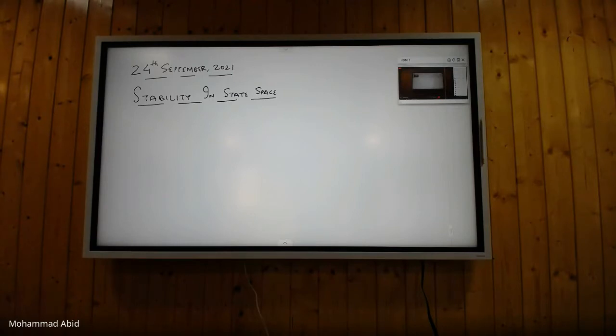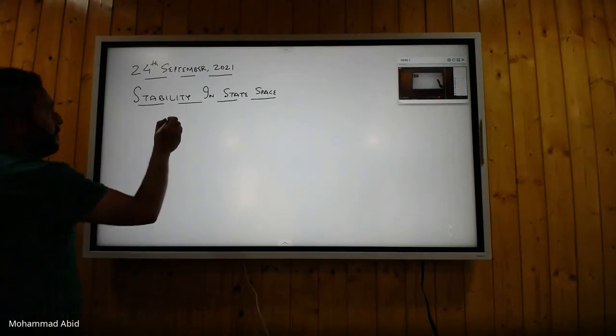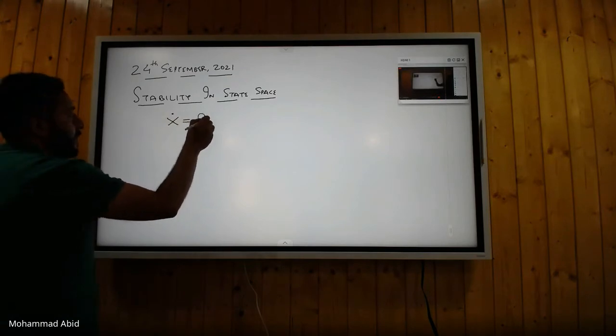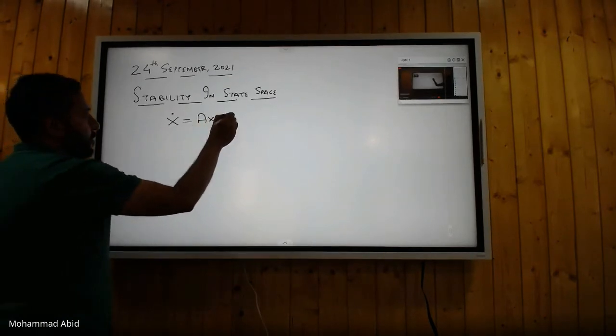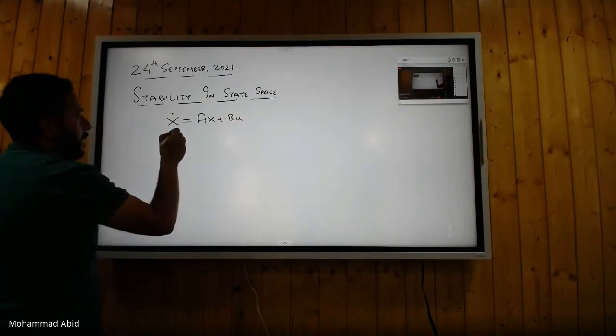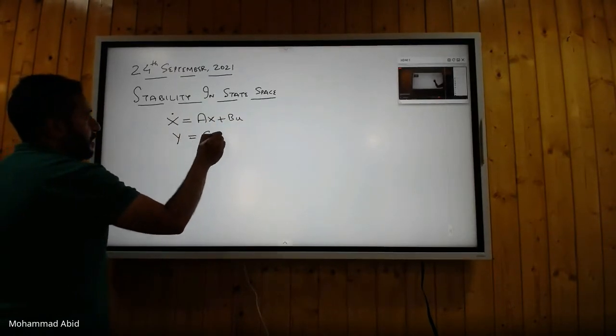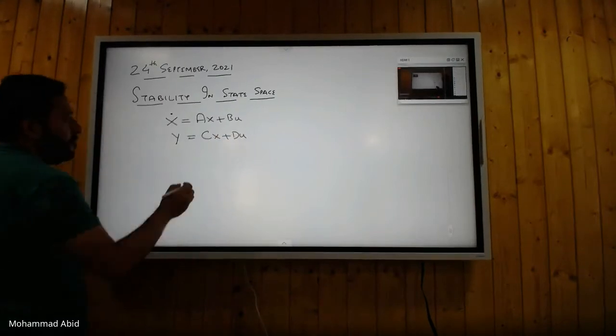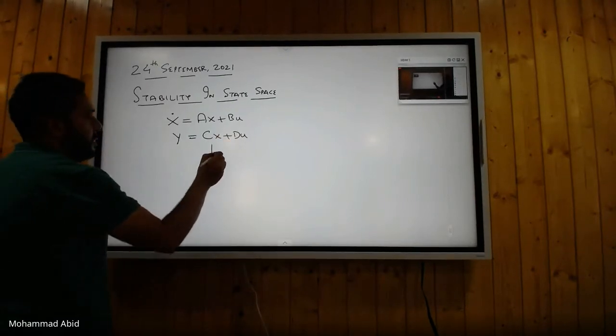So if I just try to refresh your memory, you have got a model x dot equal to Ax plus Bu and y is equal to Cx plus Du. इसको हमने ट्रांसफर फंक्शन मॉडल में कन्वर्ट किया था.